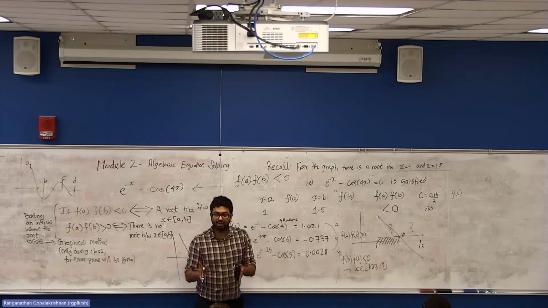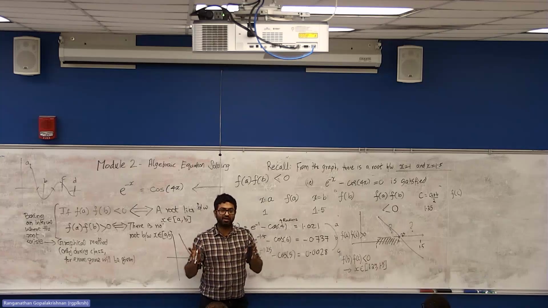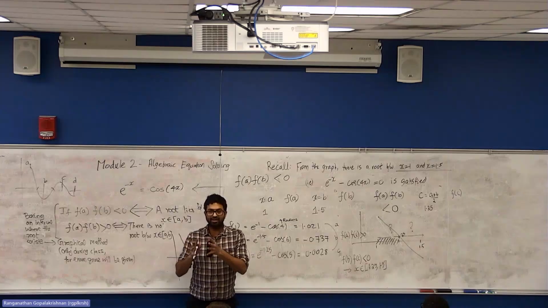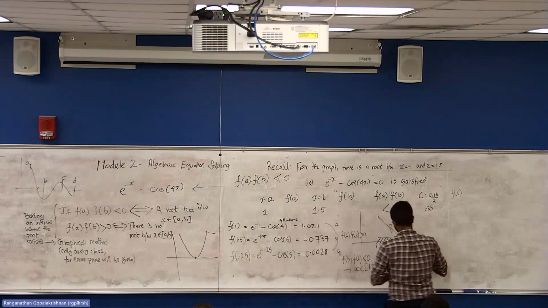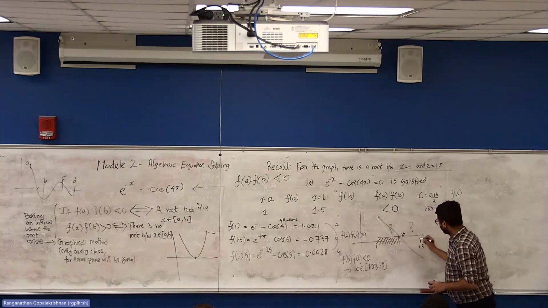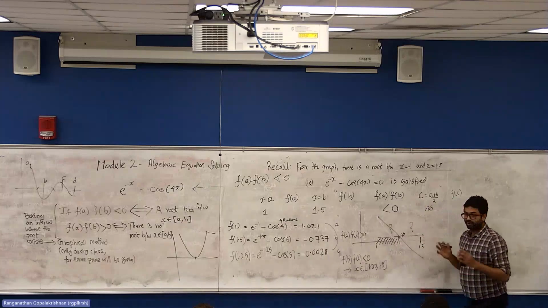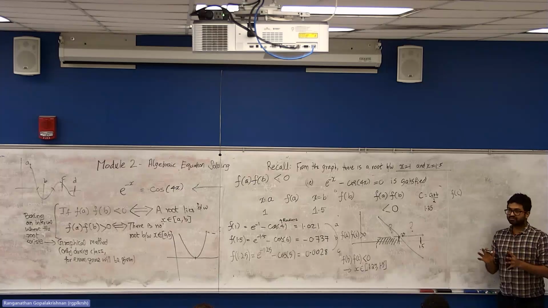Do you first agree with that? You don't have to carry around the 1 to 1.25 because that surely doesn't contain the root. With me? So the next iteration has to occur between 1.25 and 1.5. Would you agree? The whole point is zeroing in, okay?